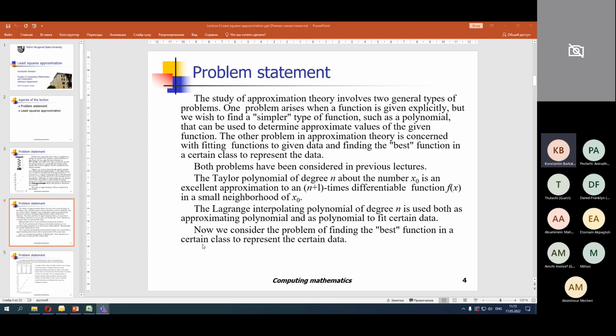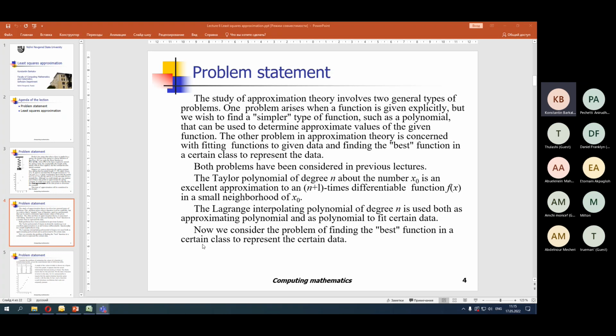So in the second case, we have a set of points, given data, and we want to find the best, in some sense, function that approximates these data in some best way. Both of these problems have been considered in previous lectures.